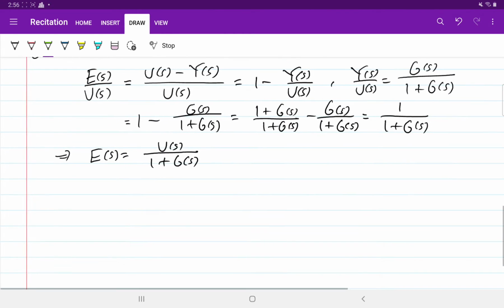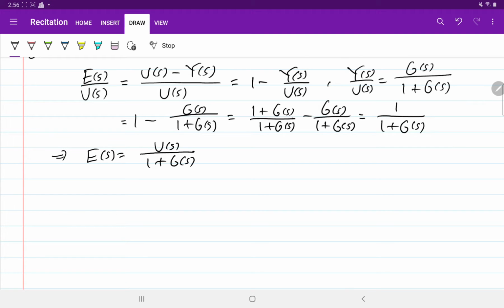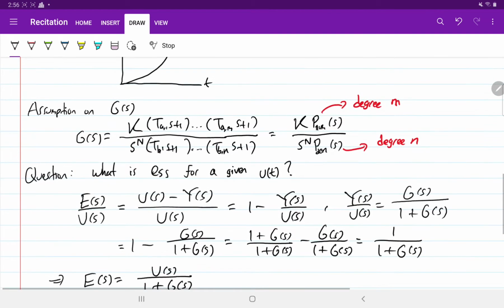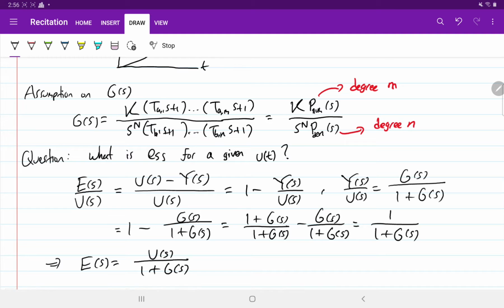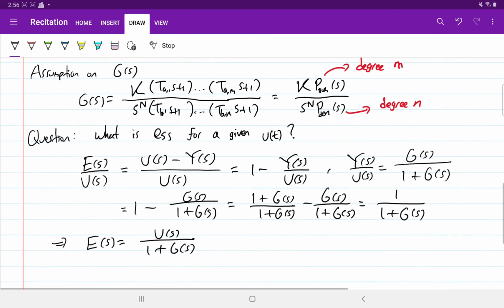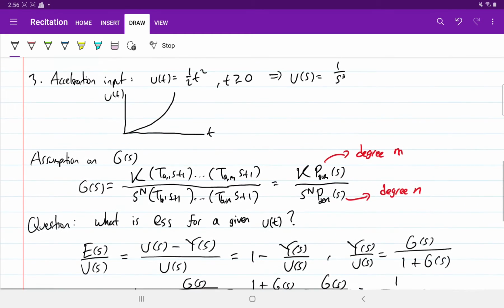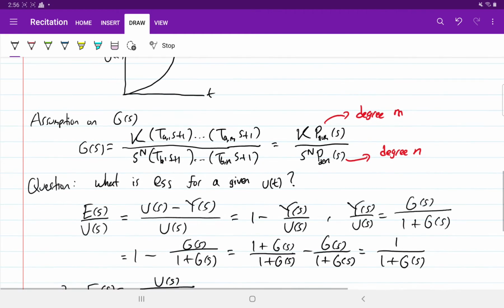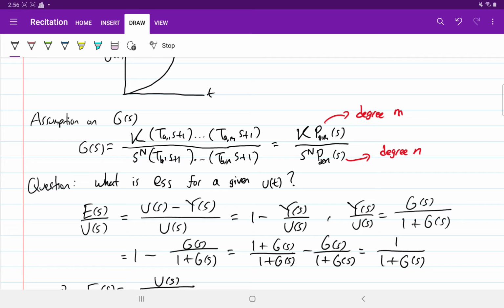Okay, let's do that. I didn't mention that g of s is said to be type of n. So n is the power of s here.